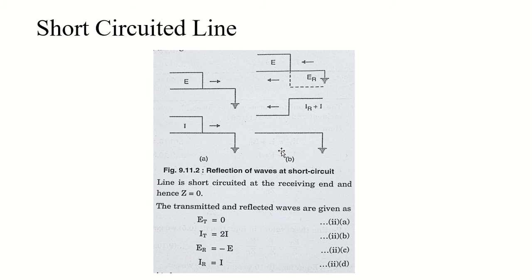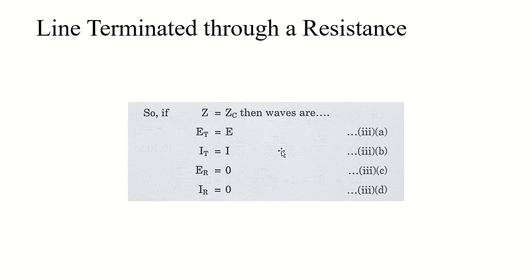Then there is the third case, which is basically the case of line terminated through the resistance. So what happens in that case? In the case of the line terminated through the resistance, the value of Z will not be 0 and it will not be infinite, like the cases of open circuit and short circuit, right?